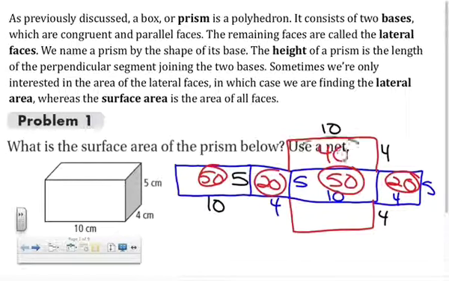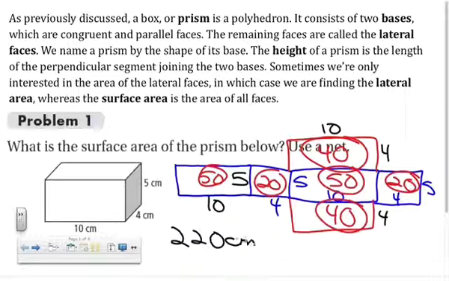This is 40 and another 40. And when I add them all together, I have 220 centimeters.